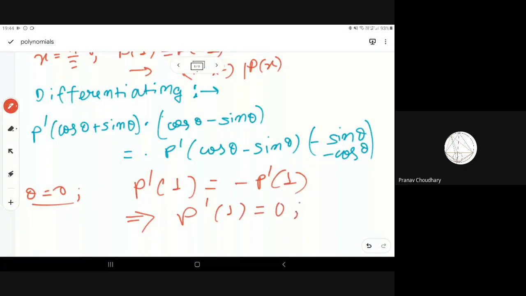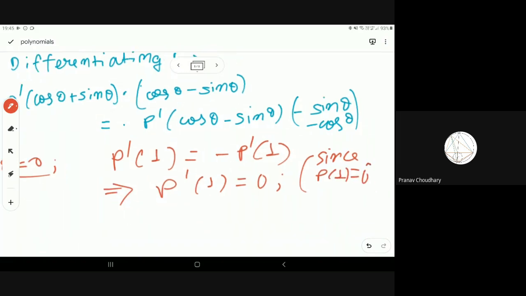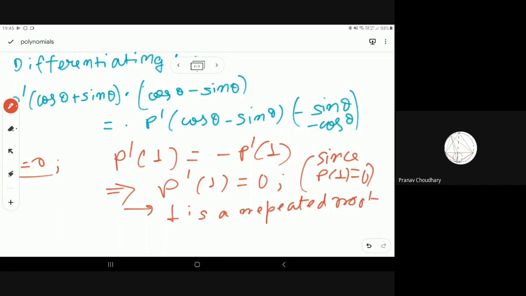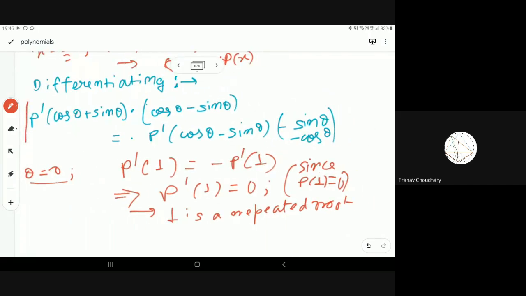And you also know that since p of 1 equals 0, 1 is a repeated root. Yeah, how does this give p dash 1 equal to 0? You just substitute theta equals 0 in this big thing. After this, p dash 1 equals minus p dash 1, then how is p dash 1 zero? It's x equals minus x, so x equals 0.